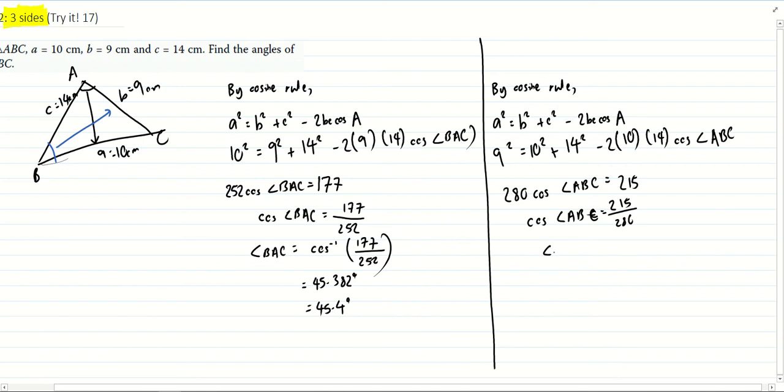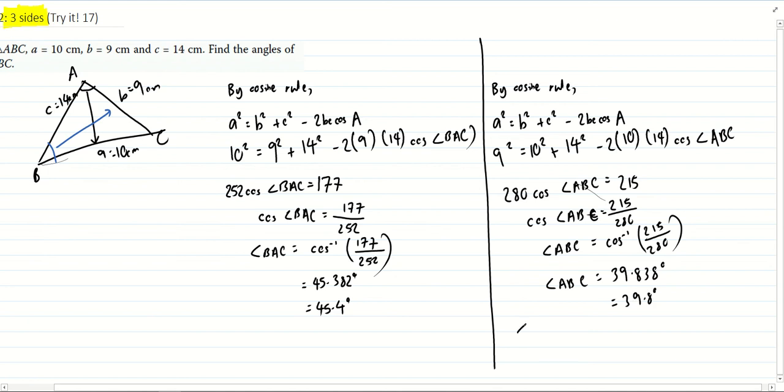So angle ABC is simply cosine inverse of 215 over 280, which will get me 39.838 degrees, which is equal to 39.8 degrees.